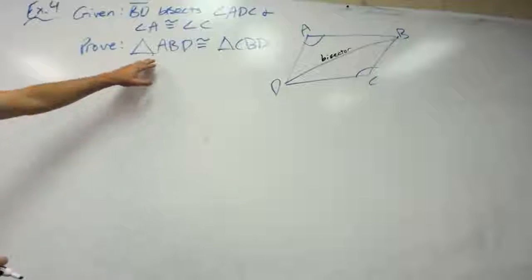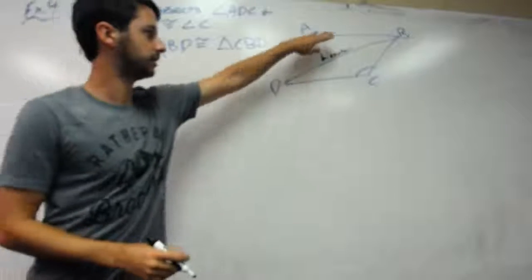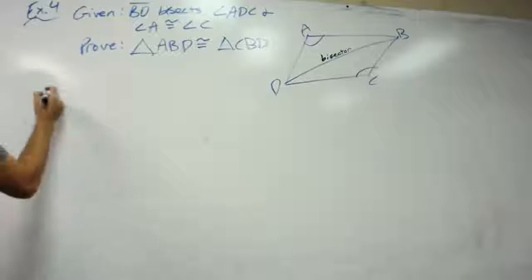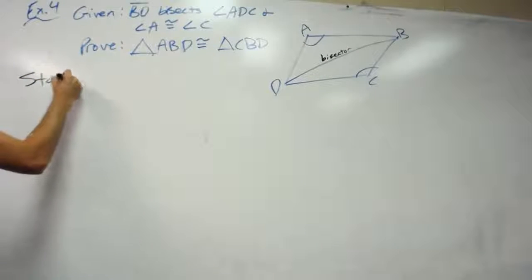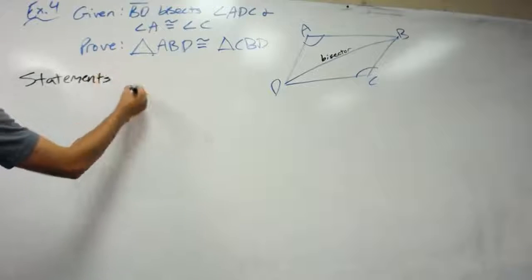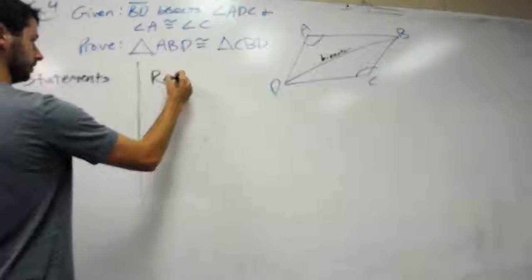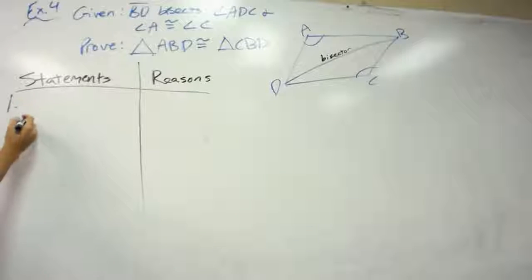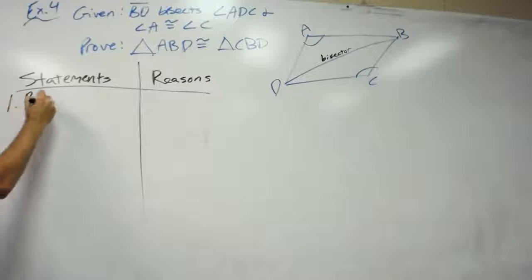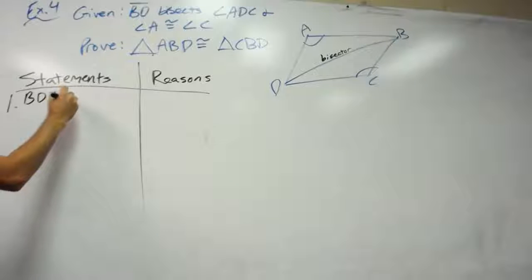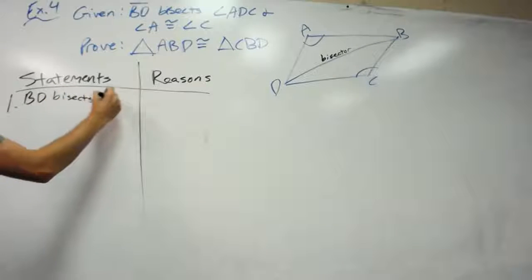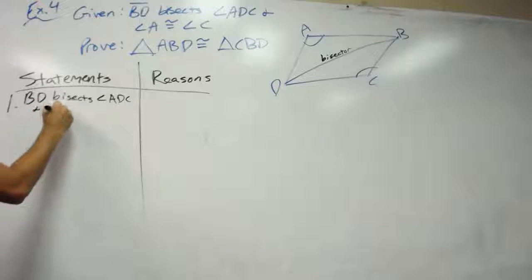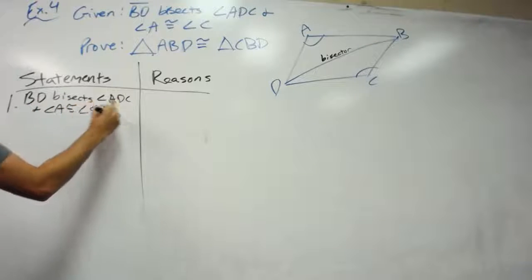And it wants us to prove that triangle ADB and triangle CBD are congruent. So I'm going to do our 2-column style. Statement number 1 is BD bisects angle ADC, and angle A is congruent to angle C, and that's our given.